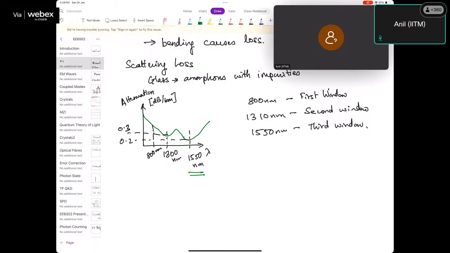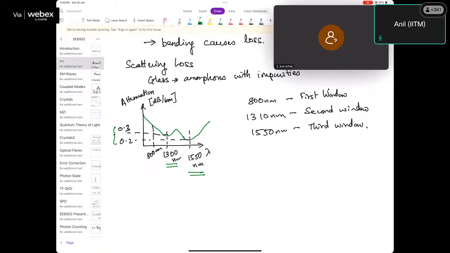So anytime someone's talking to you about communications on fiber optics, you should ask yourself, are they talking 1550 nanometers or are they talking 1310 nanometers? Right? It's a big difference because this looks like a small difference, 0.3 and 0.2.